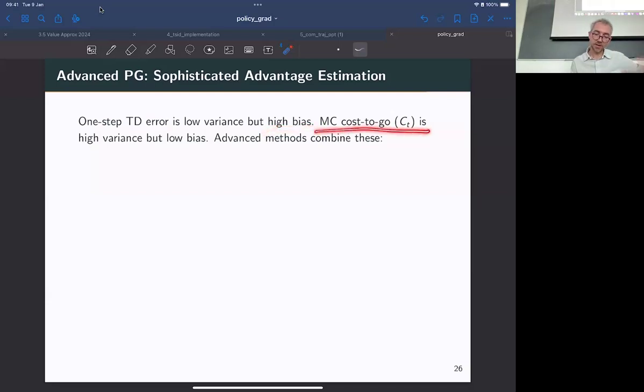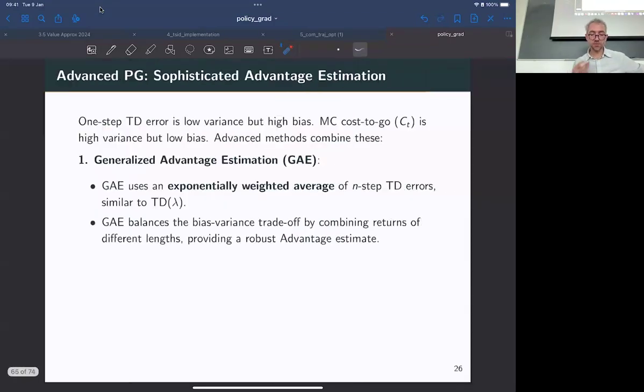With Monte Carlo, we were at the other extreme of the spectrum. We had high variance, but actually no bias at all. You can think of doing something in between these two extremes. So there are these methods which are called generalized advantage estimation, which use an exponentially weighted average of multi-step TD errors.